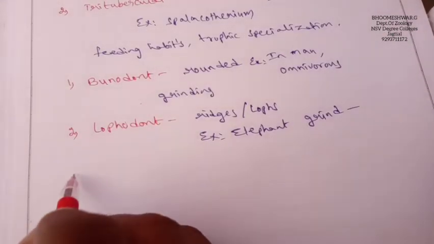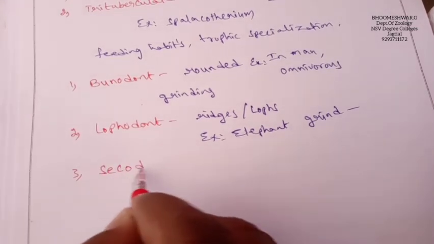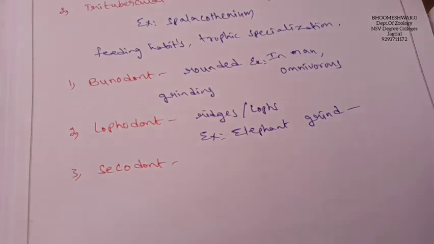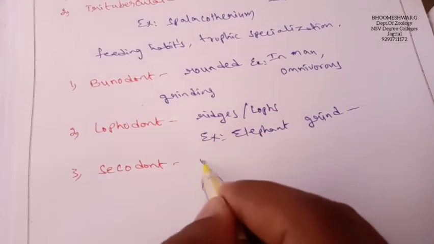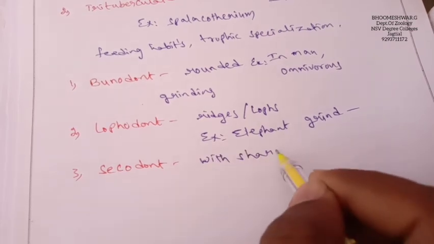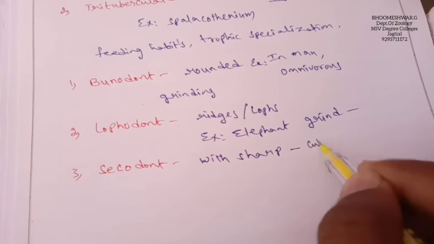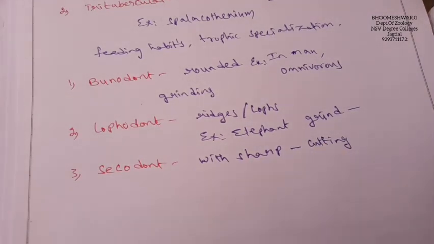The next, third type is called secodont teeth. In this condition the cheek teeth have sharp edges, which are mainly suitable for cutting food substances.